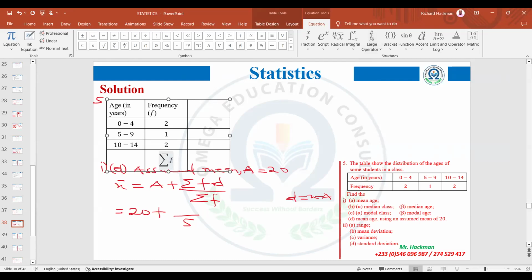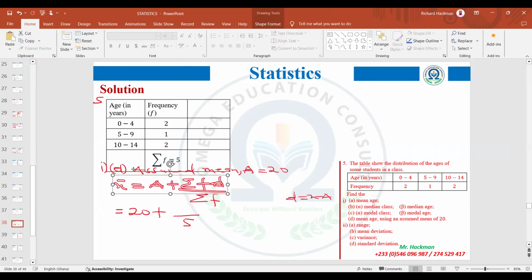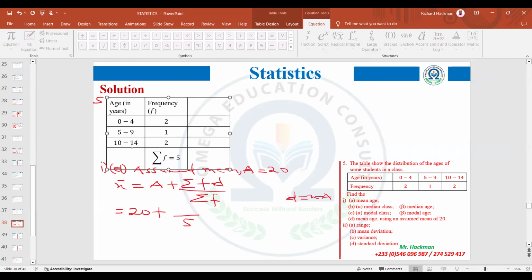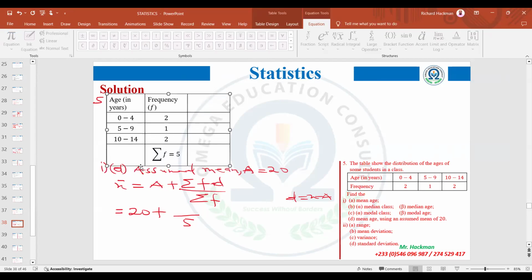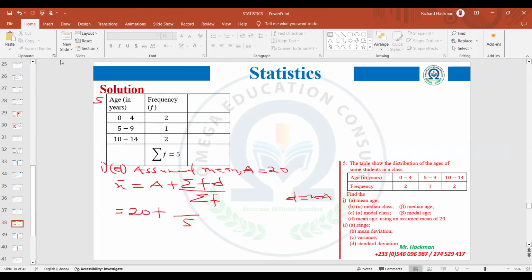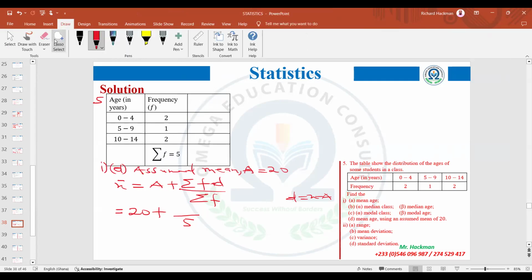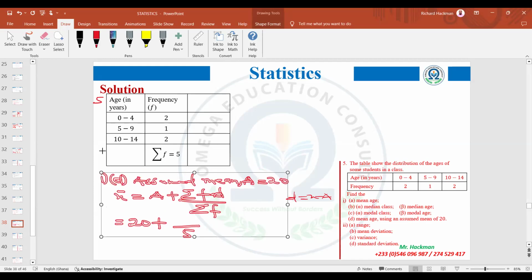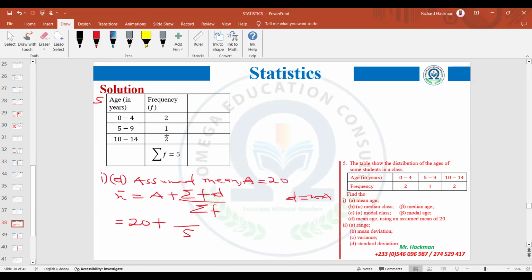So sigma F is equal to 5. I'll make the presentation better. I hope you are following. So we are good to go.